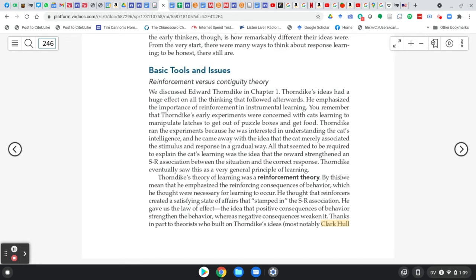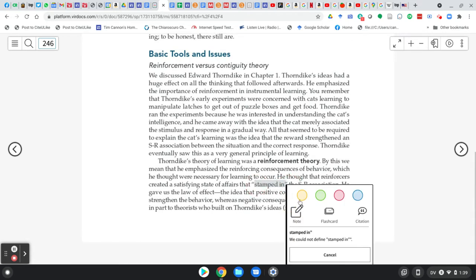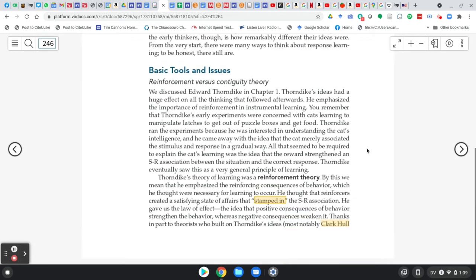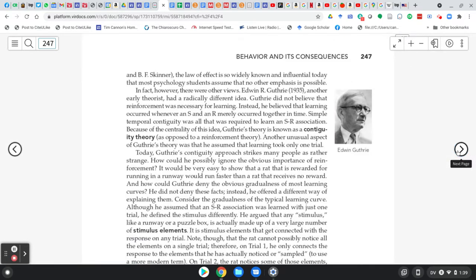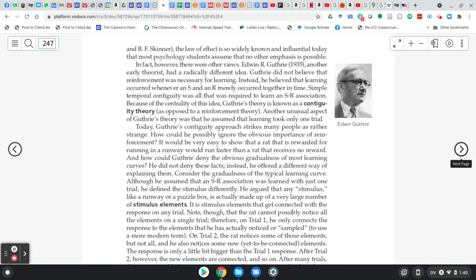There it is down there, stamped in, the SR association. Whether things could be stamped out was a little bit more confusing. And as I mentioned, I'm still afraid of Clark Hull and his mathematics. And there's our good friend Guthrie, and you've seen that lecture.